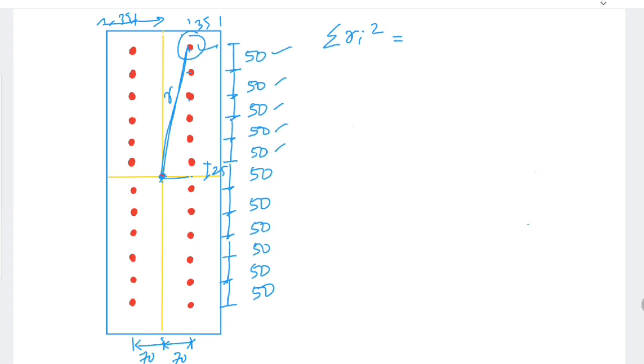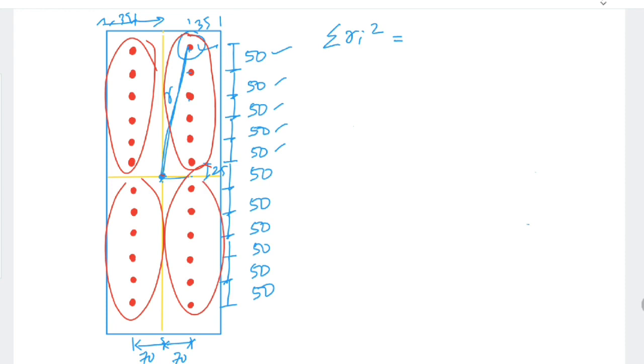From the center of this first set, I'll consider there are a total of four series of bolts, 4 series with 6 bolts each. So here I will take 4 times.